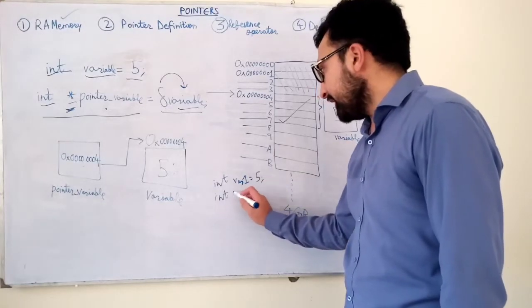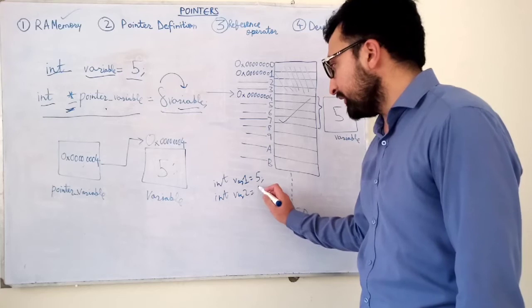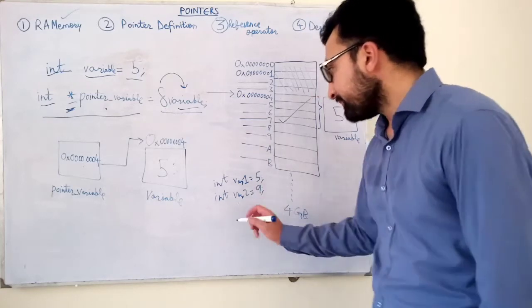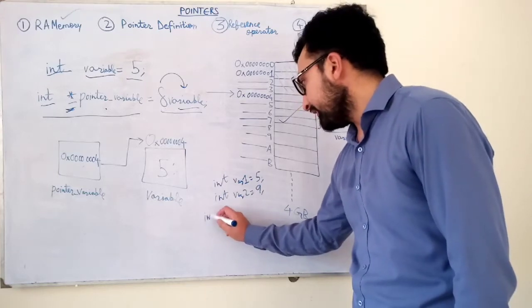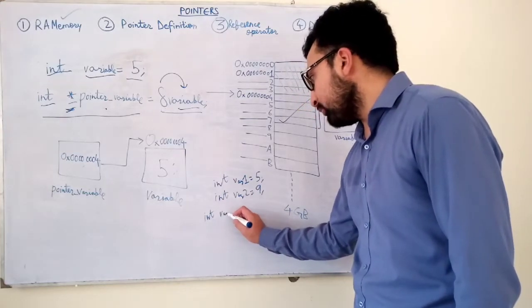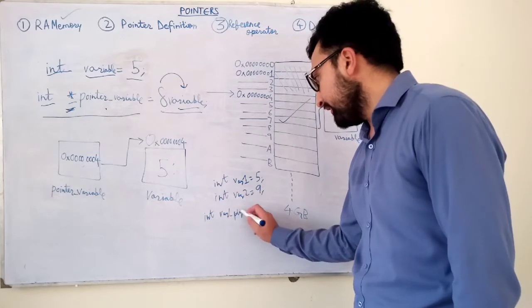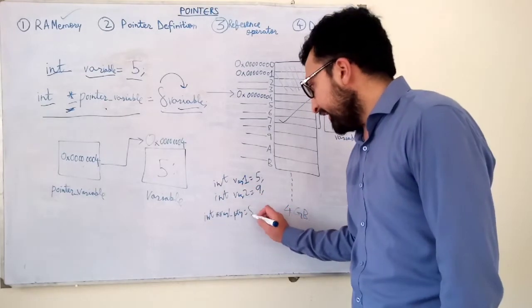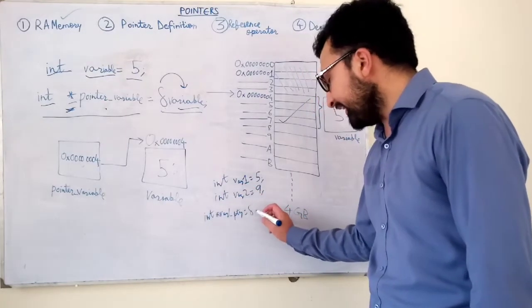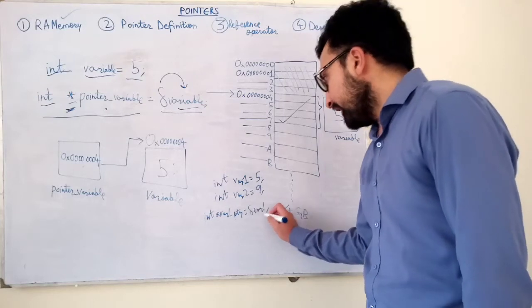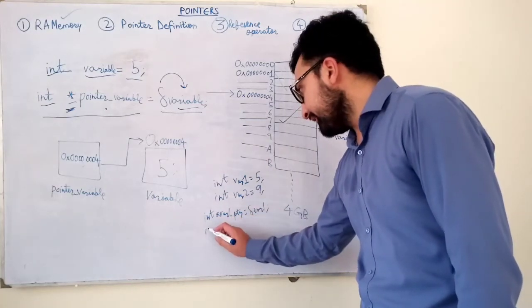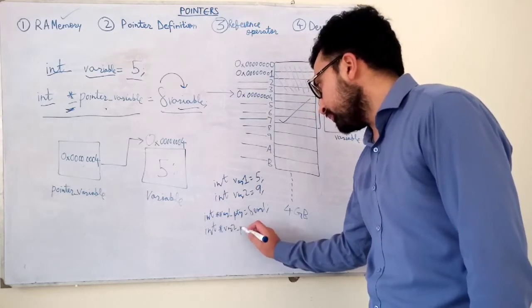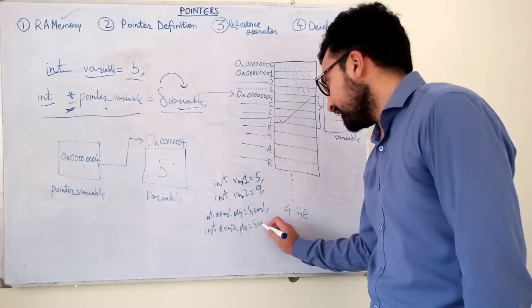We have another variable int var2, its value is say 9, and we have a pointer int star var1_pointer equals address of var1, and another int star var2_pointer equals address of var2.